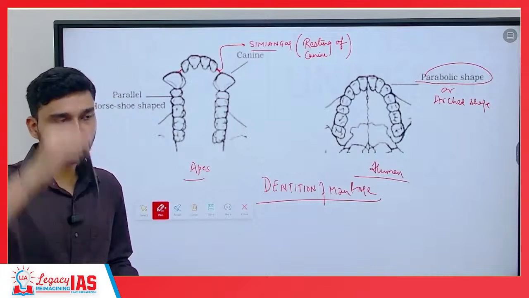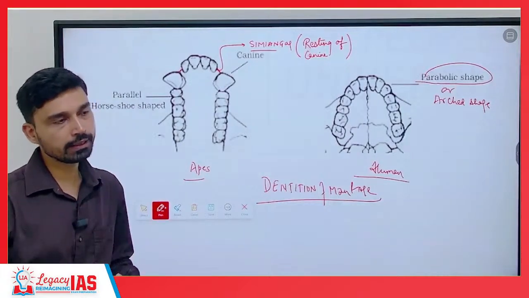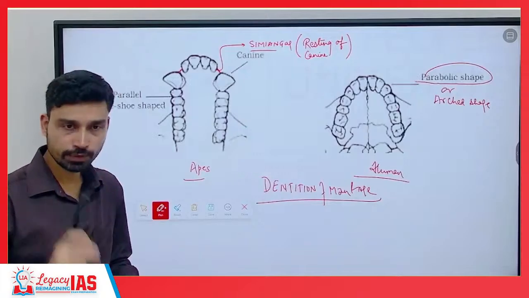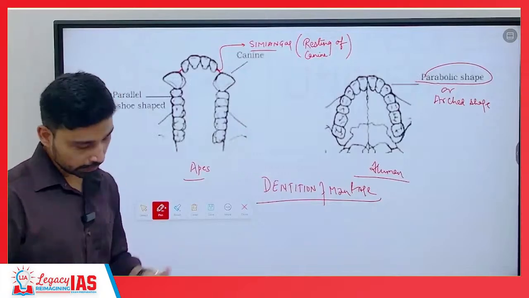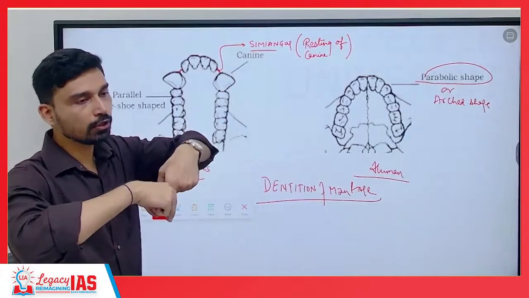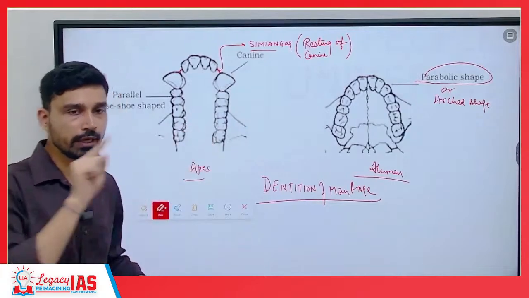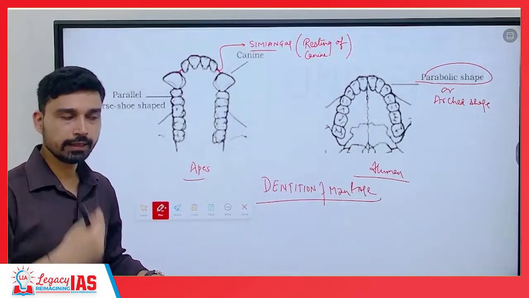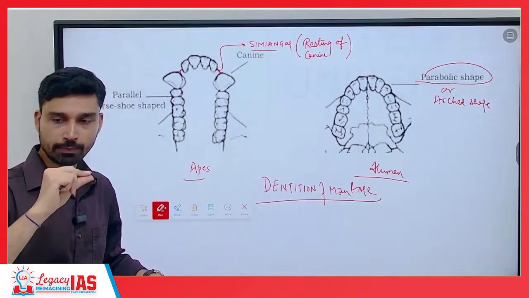The canine of the upper jaw rests in the lower jaw, and the canine of the lower jaw rests in the upper jaw, so both jaws have the simian gap. Because of this, they get locked together. We can do a round, circulatory motion with our jaw. In the apes, only vertical motion happens in the jaw.